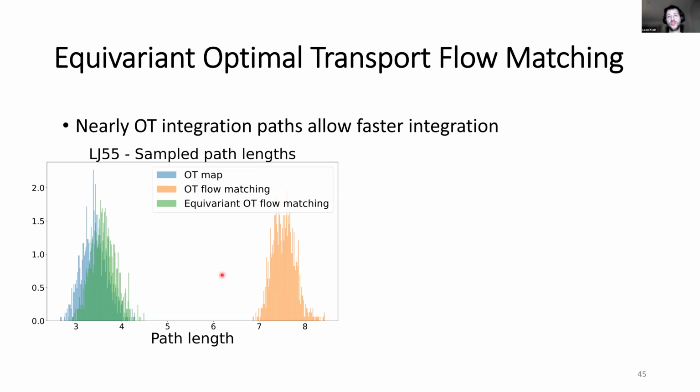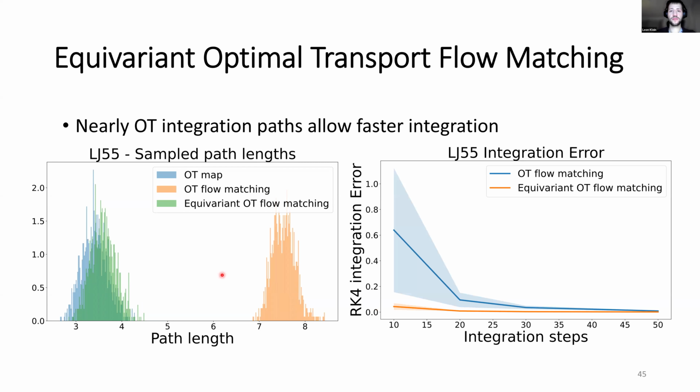And this matters because, as you can see here, the integration error is significantly larger for optimal transport flow matching compared with equivariant optimal transport flow matching. What is shown here is the integration error for a fixed step size integration solver versus the number of integration steps. And especially for few integration steps, the error of the optimal transport flow matching is much larger compared to the equivariant optimal transport flow matching.